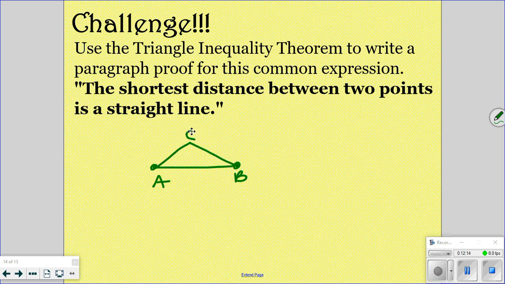If the shortest distance between 2 points is a straight line, then that means that AC plus CB has to be greater than AB. And that is proven by the triangle inequality theorem. So the shortest distance is always going to be the straight line between your two.